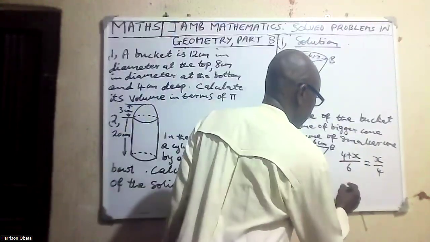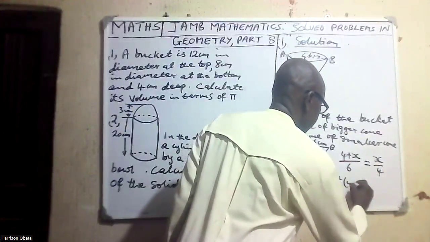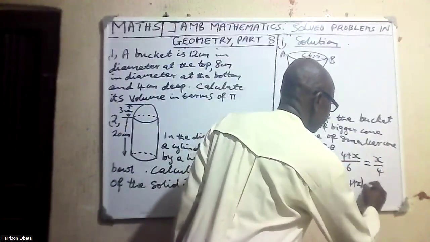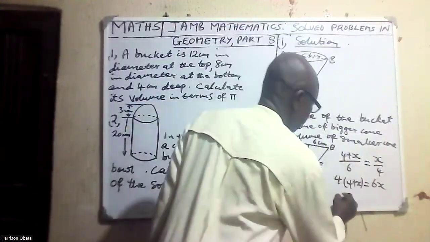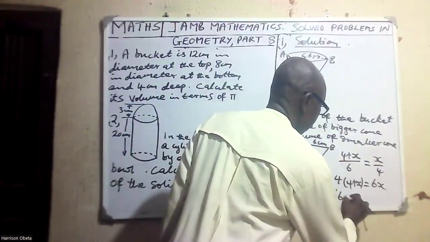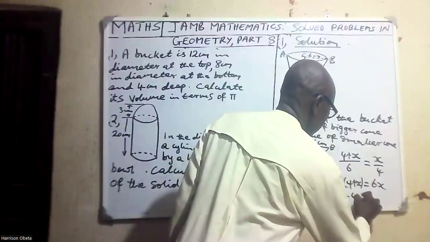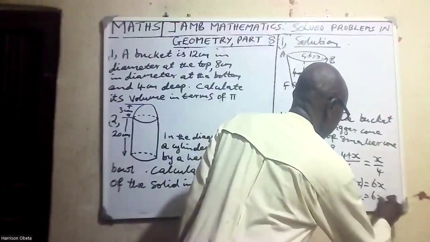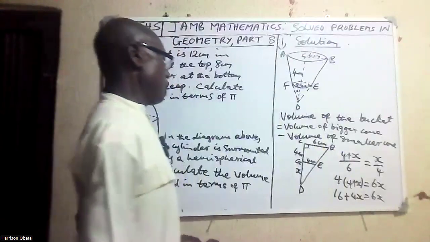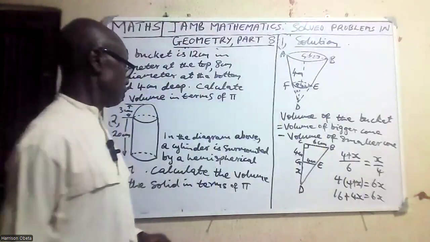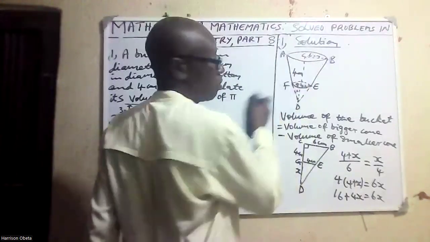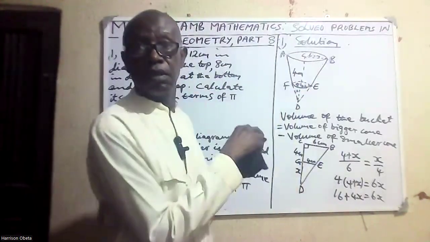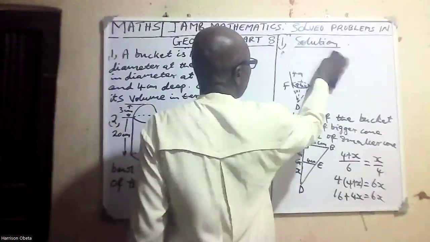So cross multiply, we have 4 bracket 4 plus X is equal to 6X. Opening the bracket, we have 16 plus 4X equal to 6X. Then you collect like terms.